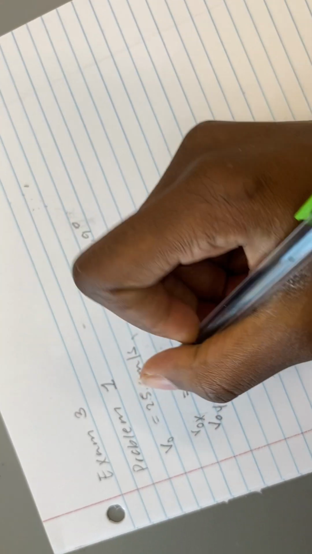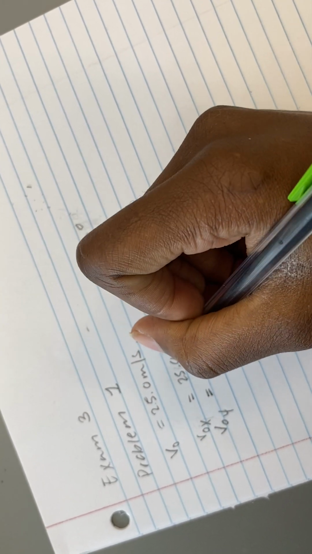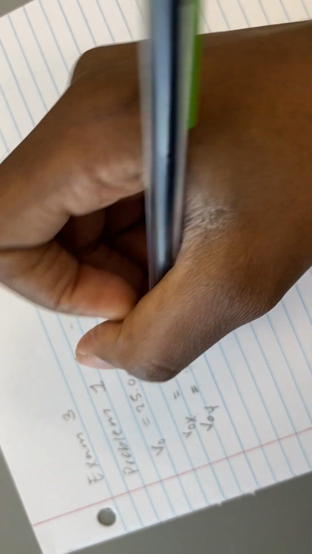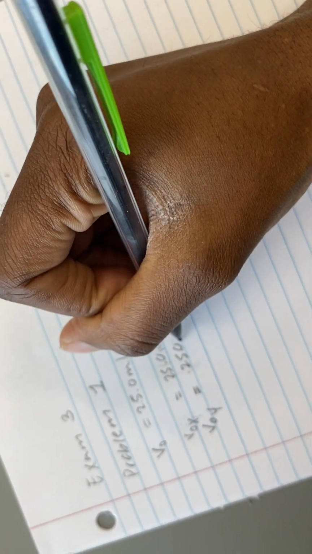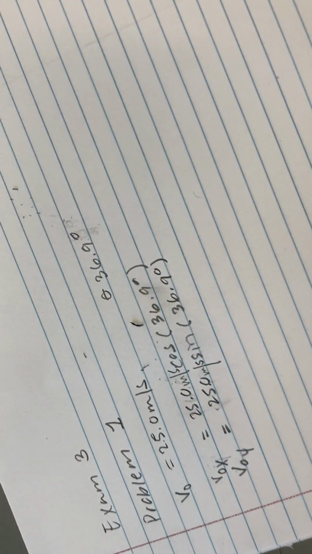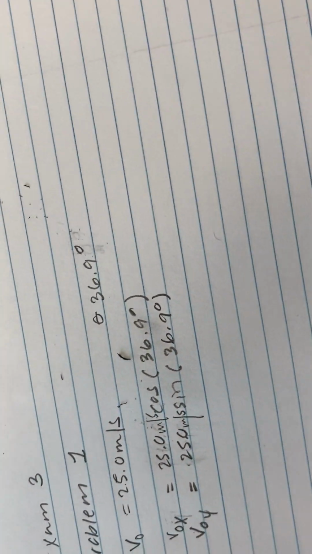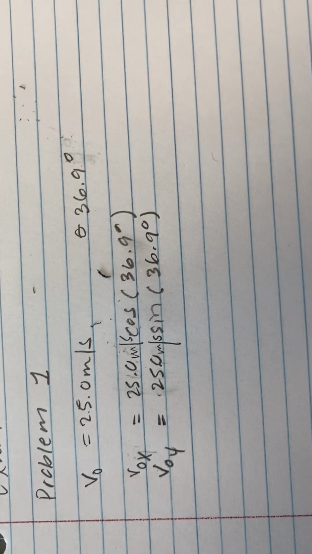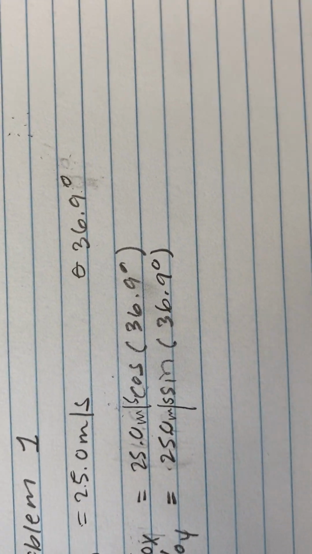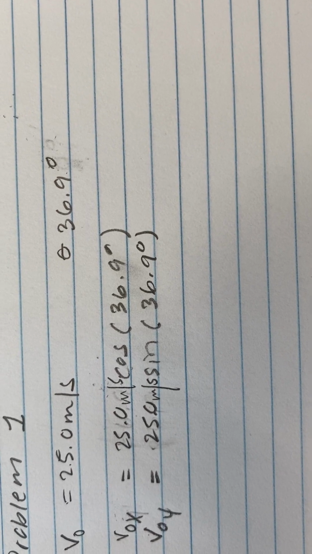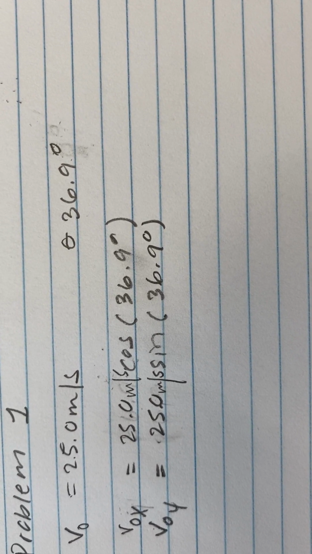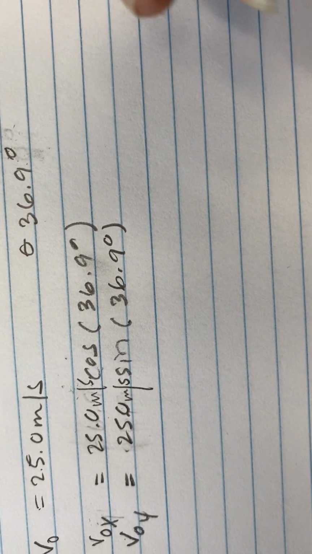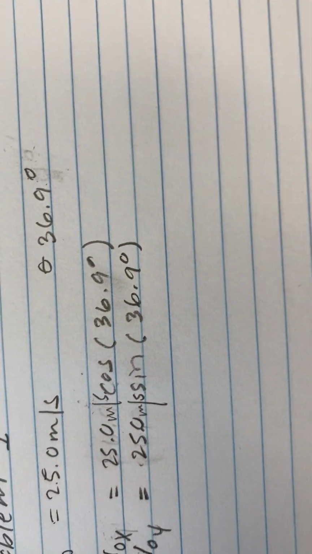So this is 25 meters per second times the angle, so the initial velocity times the angle to find the x and y components. That's where we can find the initial velocity in the x and y direction.